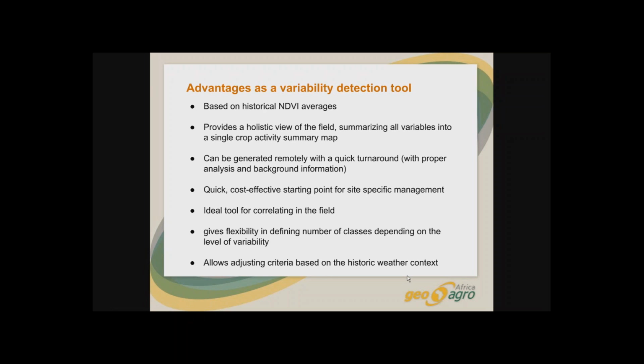You're going to select the images according to the weather history as well, so choosing normal years. Or something that we're doing now: let's do a productivity map for dry years to see how this performs in drier years based on the weather forecast. Or let's do a productivity map for years which are predominantly wet. So that's another level of flexibility that you have for your decisions.